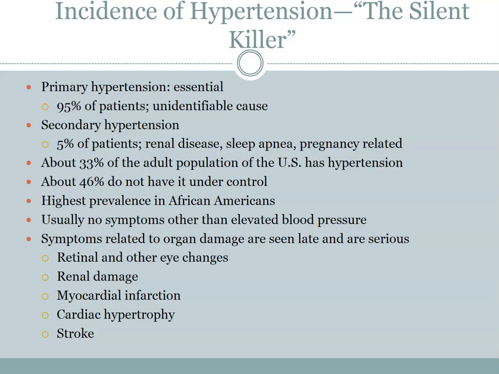Over time, though, it can cause organ damage after years of having hypertension. And this would include, again, the eye changes because of the small vessels in the retinal area. Renal damage. It can lead to a myocardial infarct or an MI, especially if the hypertension is caused by the plaque buildup, right?